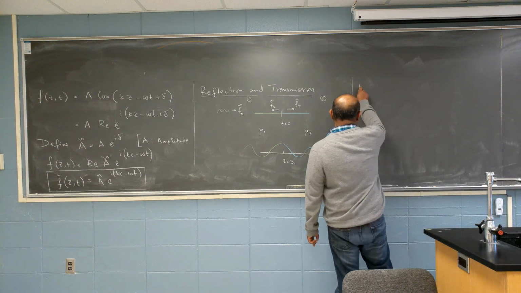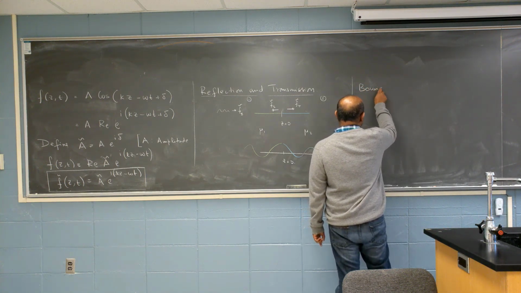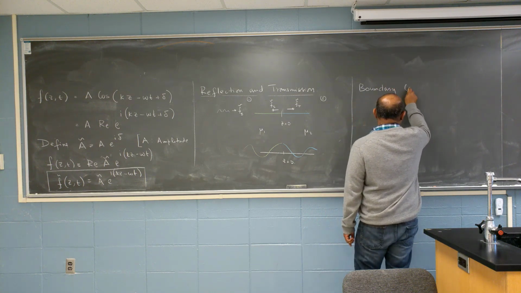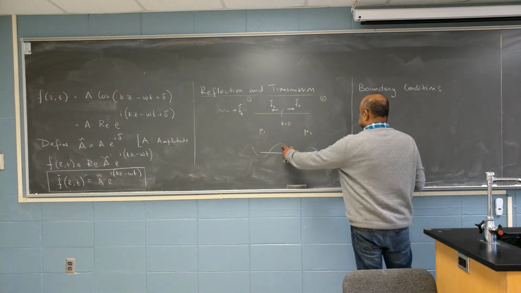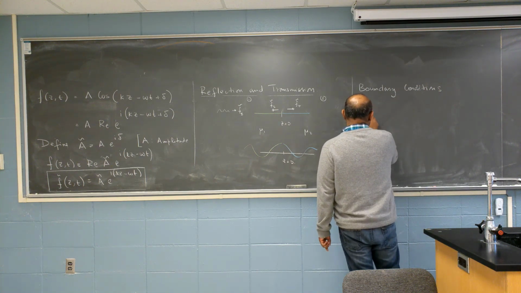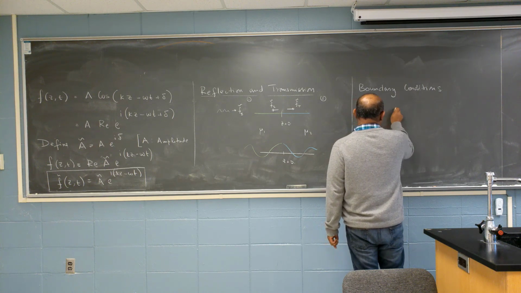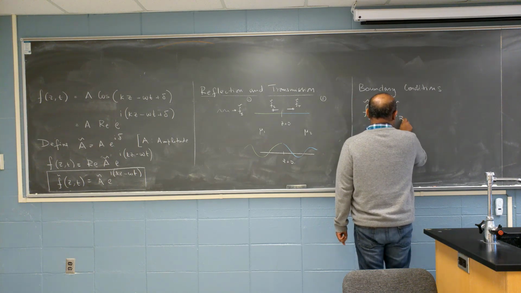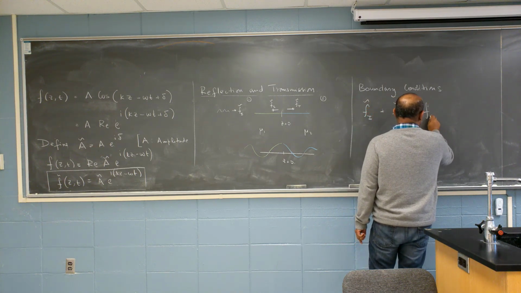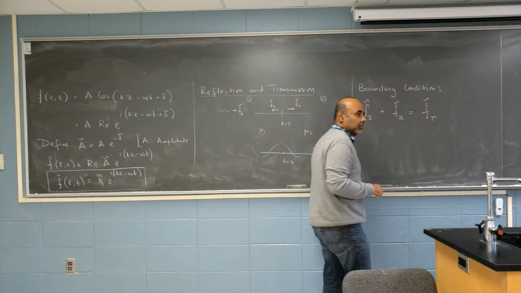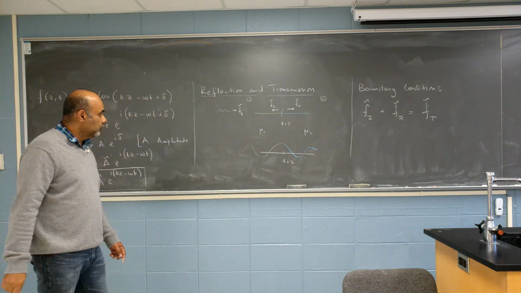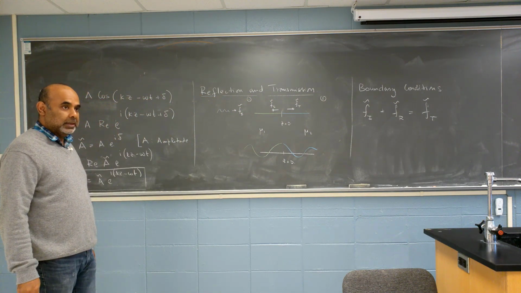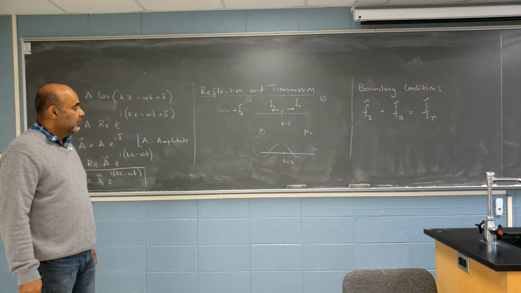But boundary conditions is, first of all, the incident wave plus the height of the reflected wave should be equal to the height of the transmitted wave. If it's not, that means the string is broken.